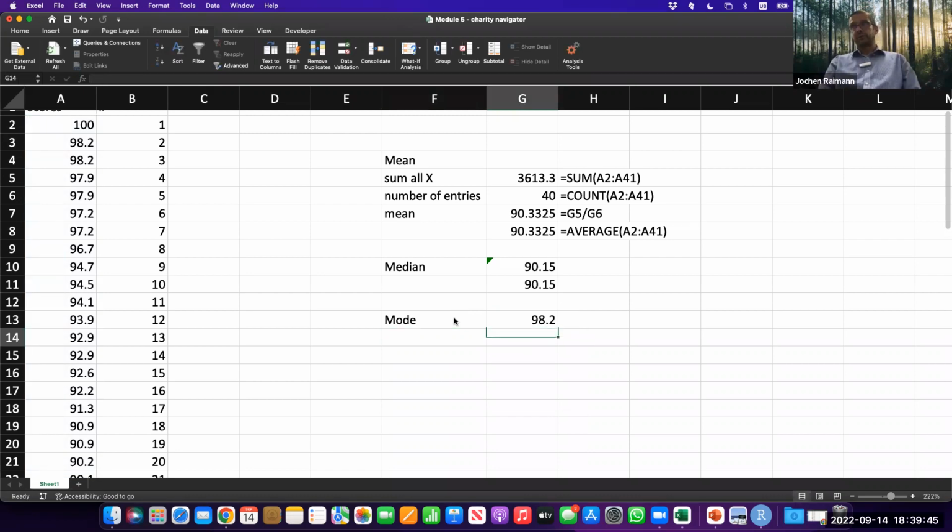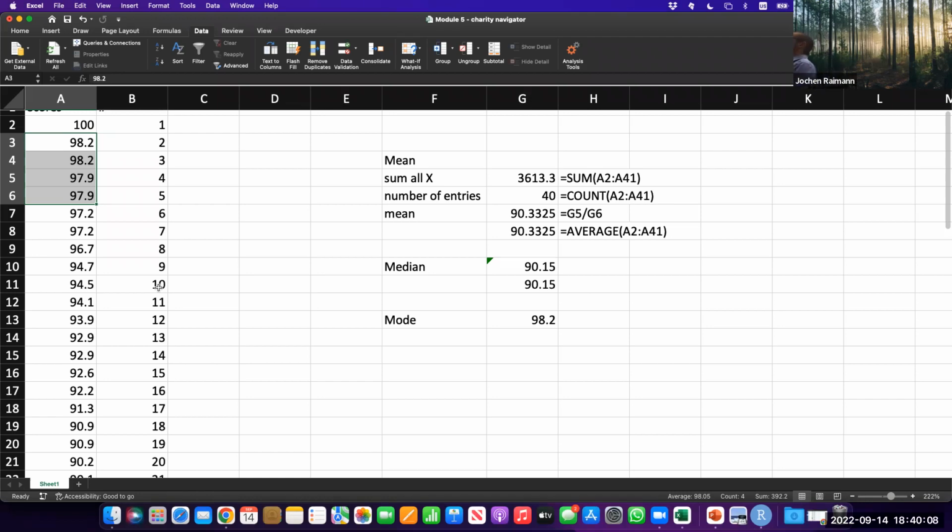It's 98.2. Interesting when you look at it, because we have two numbers that occur each 2 times. Excel is fitting a function through, and that function apparently has the highest point at 98.2. So that's why it gives you 98.2 as the mode.